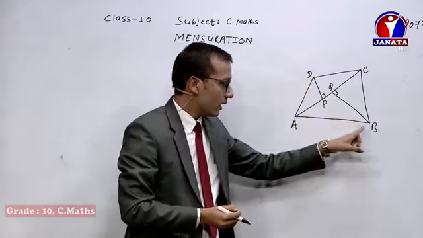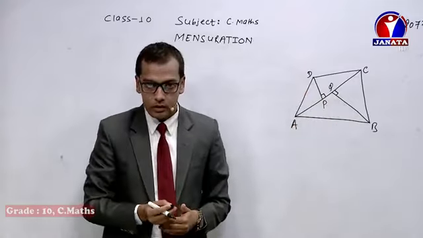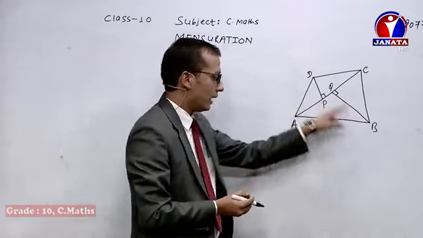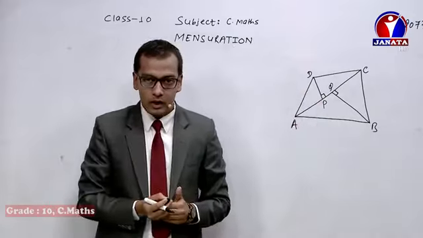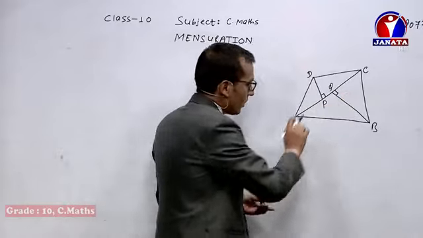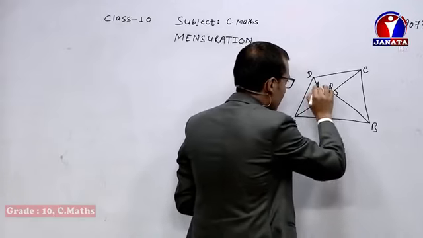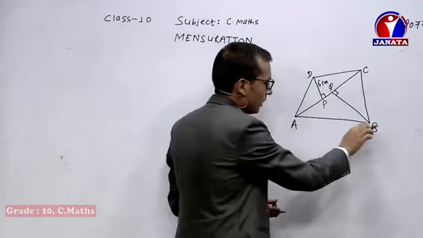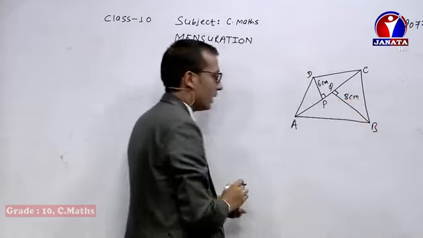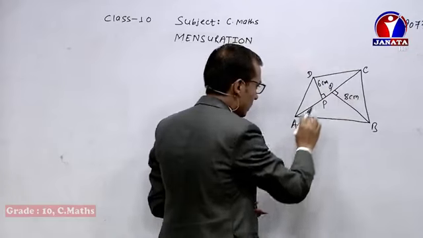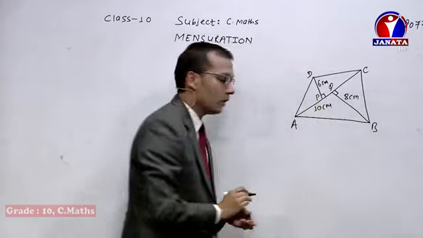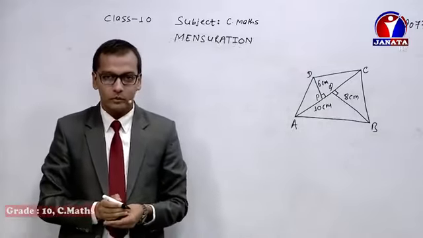DP and BQ are perpendiculars drawn from remaining vertices, which are D and B. 2 perpendiculars are drawn on diagonal AC. If suppose length of DP is 6 centimeter, length of BQ is 8 centimeter, and length of diagonal AC is 10 centimeter, what is its area?